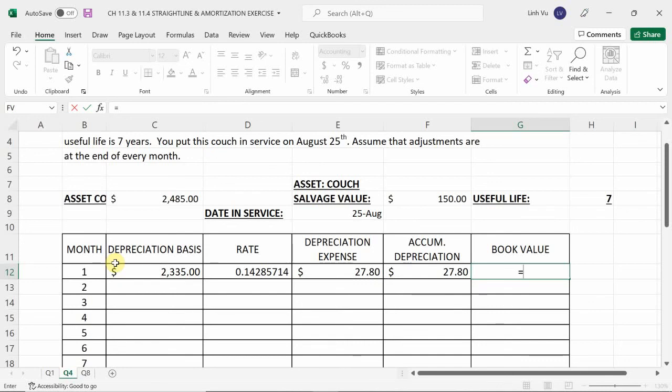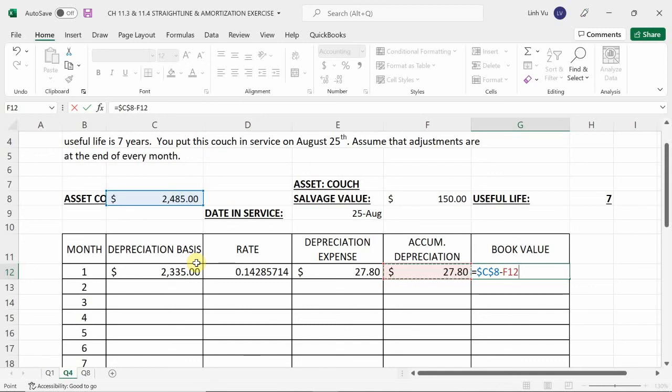So now what is my book value? Book value is cost of asset minus accumulated depreciation.